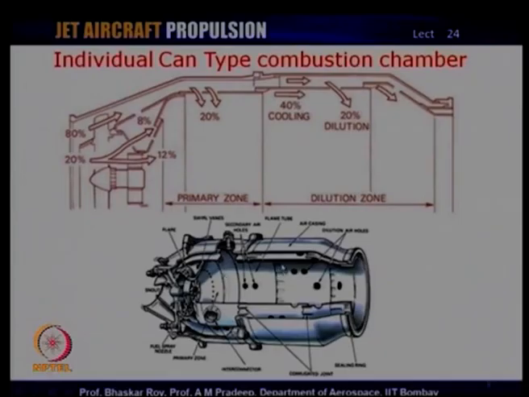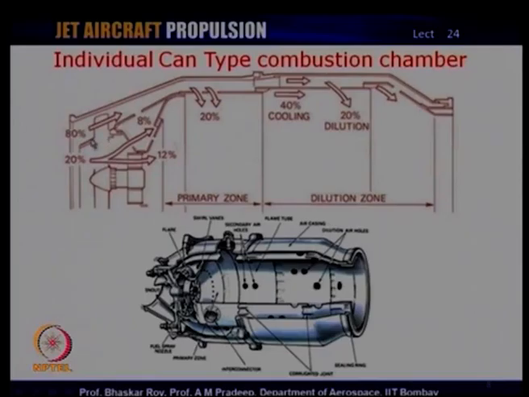So, the can, which is also made of high temperature material, is also provided a certain amount of cold air protection for its life, so that it can perform without getting distorted during its entire life. So, the combustion also involves a little bit of cooling of the inner can to protect and extend its life. So, we have a number of things going on over here.